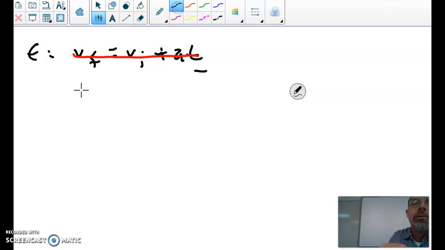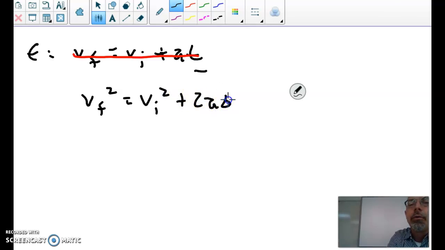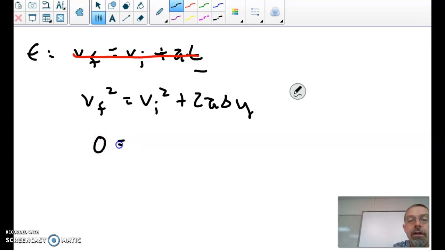But what I can use is my equation without time: VF squared equals VI squared plus 2A delta y. And what I'm going to do is rearrange and use the fact that at maximum VF equals 0. So I can say that 0 equals VI squared plus 2A delta y. Now I'm going to toss this over to the left hand side, because what I really want to do is figure out what this delta y is all by itself.